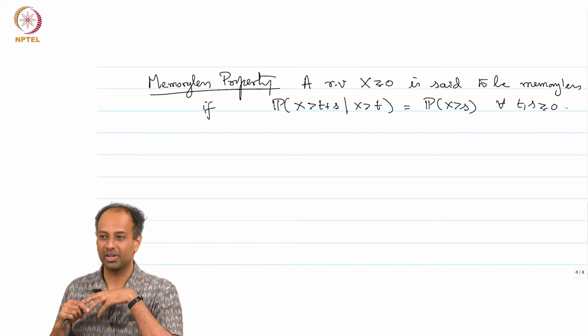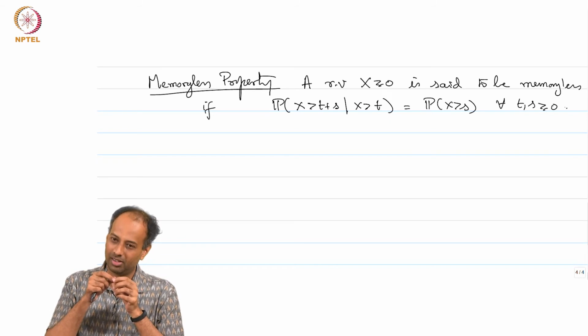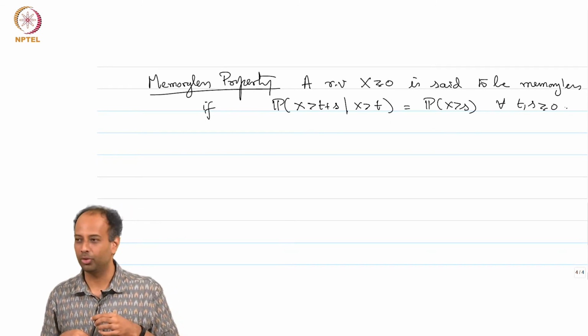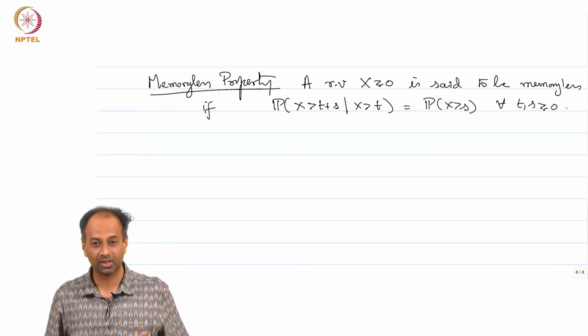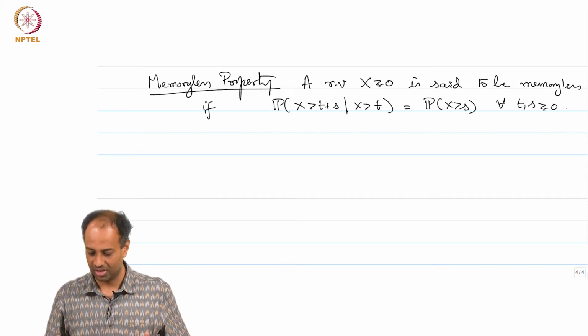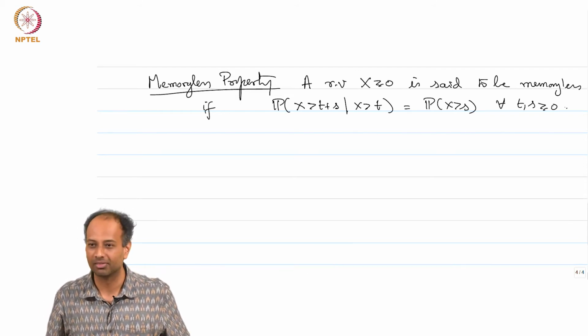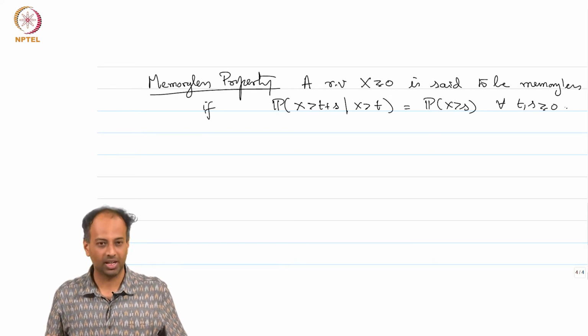It is the same as the probability that you waited for time s from the beginning, and this should be true for every t and every s. In some sense this random variable X forgets how long it has been, and that is why it is called memoryless.